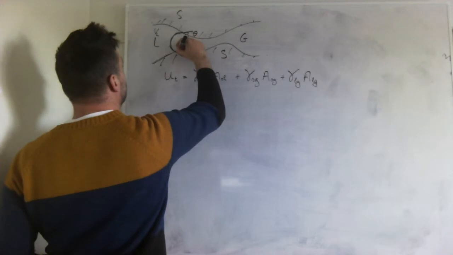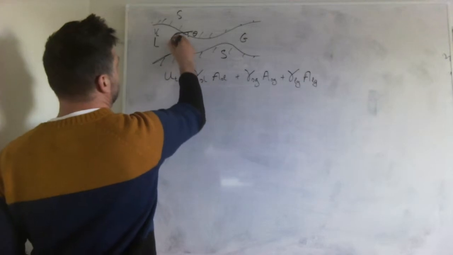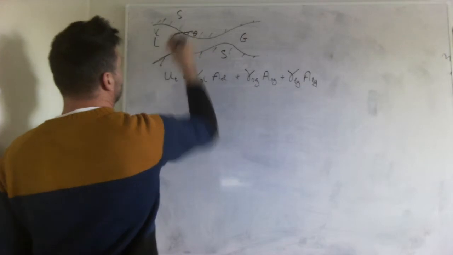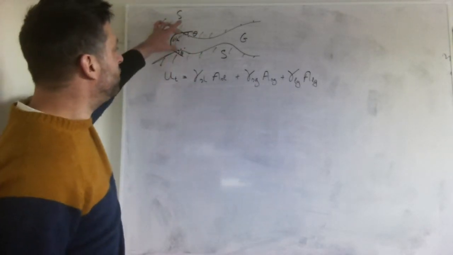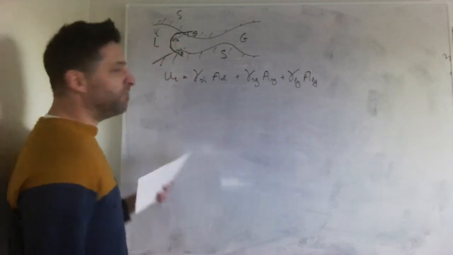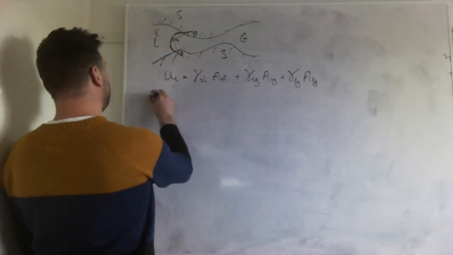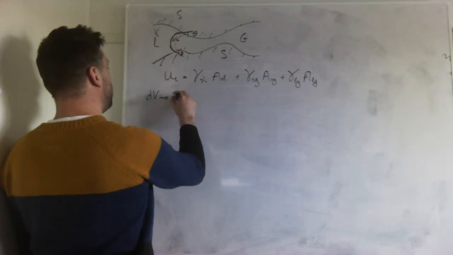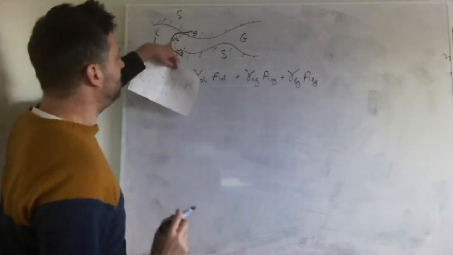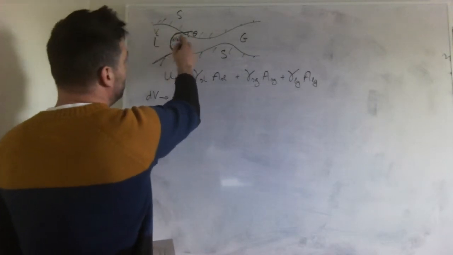If I move this liquid front a slight distance to the right, I'm going to have a change dVL, a volumetric change of my liquid, and this dV gives rise to a change in the total energy. I'm going to add a little bit of liquid volume and remove a bit of gas volume.